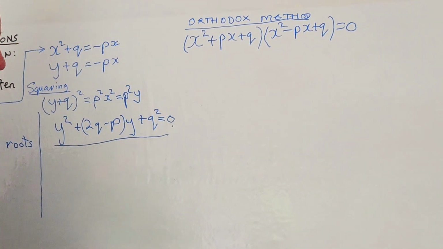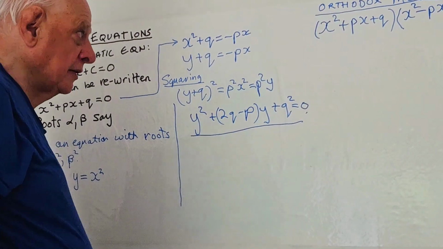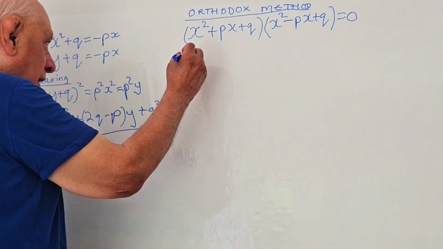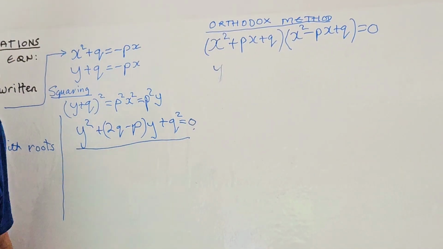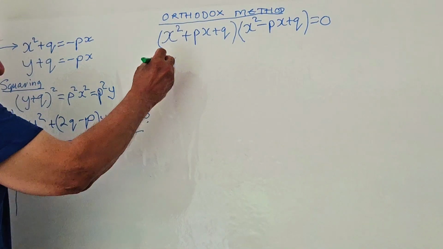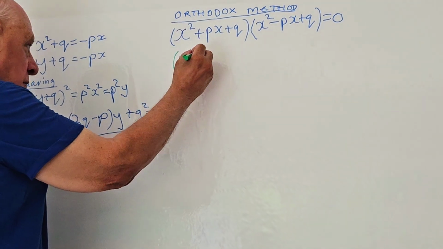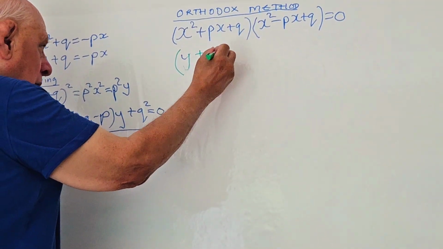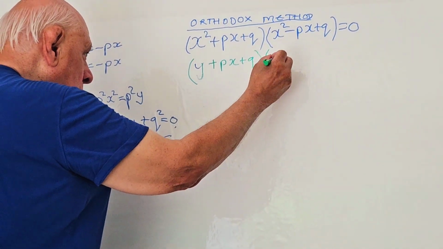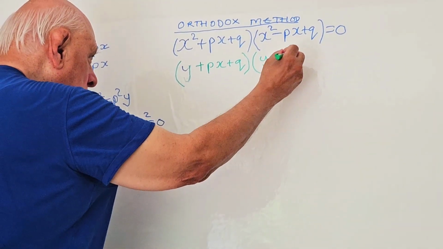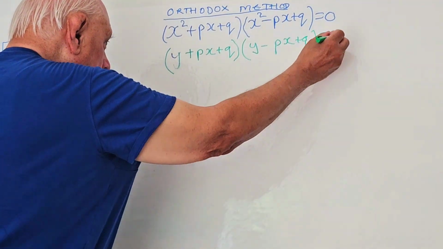Okay, well, let's multiply out. And remember that x squared equals y. So we can rewrite that as y plus px plus q and y minus px plus q is 0.